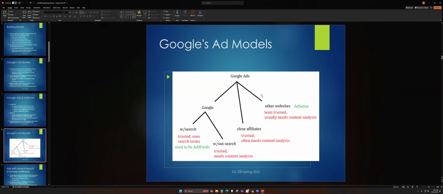So, for example, if you are a blogger and you have some interest in some oddball topic like raising pigeons, sure, there's some products you could sell around that, like bird cages and bird feed and bird cage cleaning solutions and such.